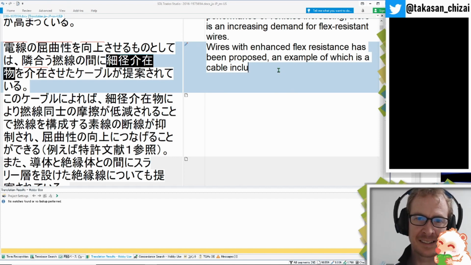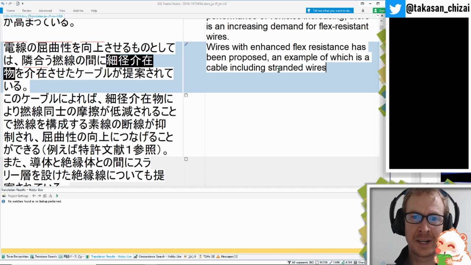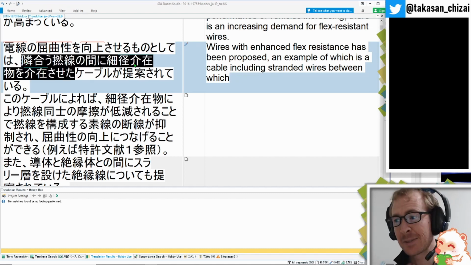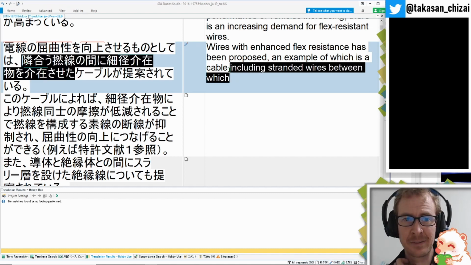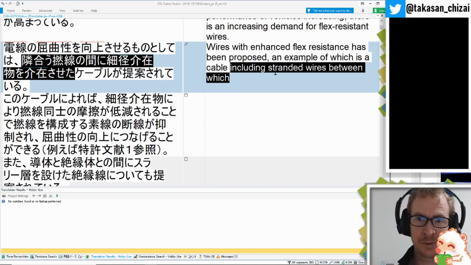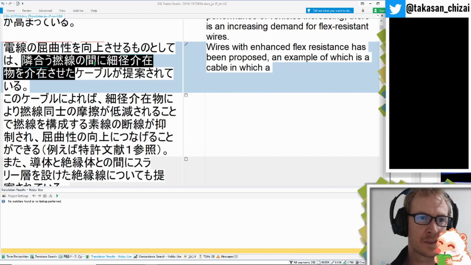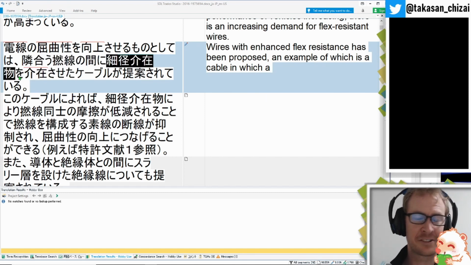So we couldn't say including stranded wires between which. We kind of don't have the Japanese here. If this was a claim, we might be able to. But instead we're going to go with in which a. Now we have to translate this.